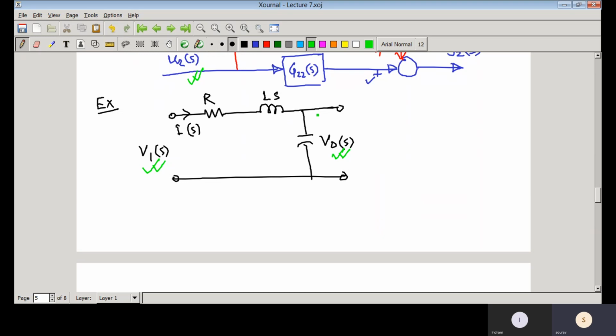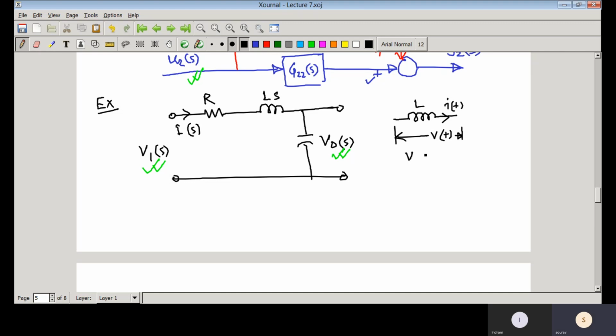Whenever you have one inductor, the current flowing is I(t), and you have applied a voltage V(t).